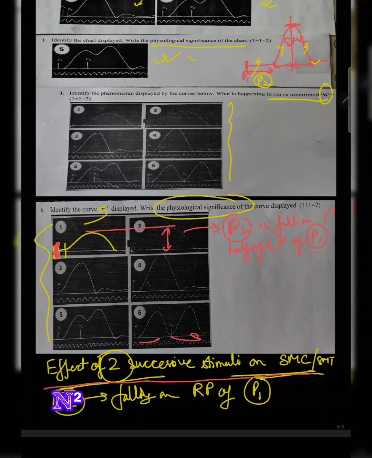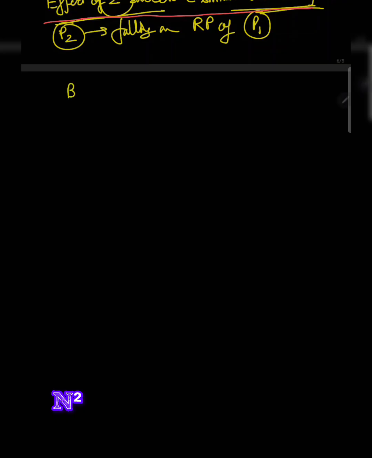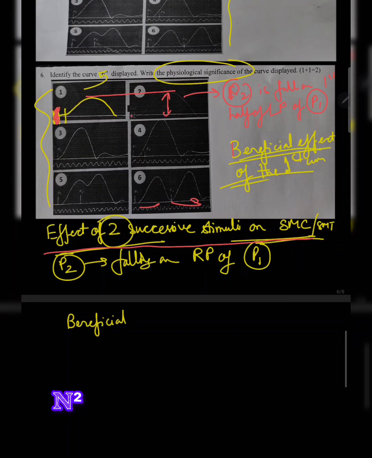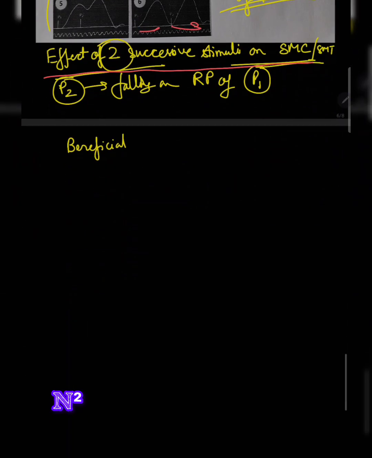There will be a beneficial effect of the first curve. You have to know what the beneficial effect is. The physiological significance of all these curves is because of the beneficial effect of the first curve. Beneficial effects are nothing but all those factors which are needed for your excitation contraction coupling.